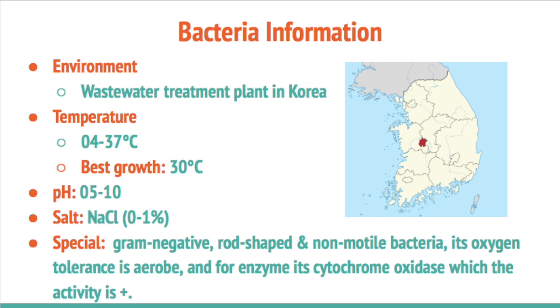The pH of this bacteria is between 5 to 10 on a pH scale, but it can either be acidic or basic. This bacteria does contain salt between 0 to 1%, and as mentioned before from one of my group mates, this salt is available in our households since it is table salt.